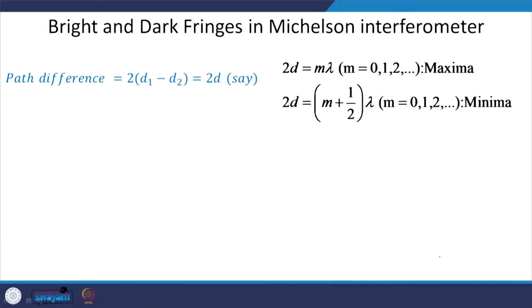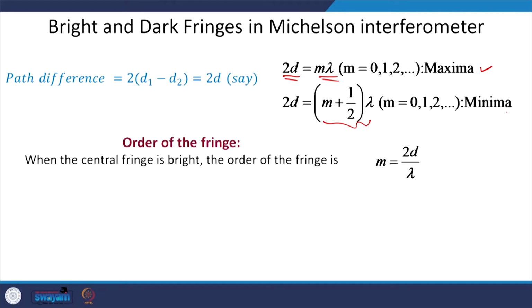What happens when you have interference is that you will have bright and dark fringes. When we convert phase difference to path difference in the interference condition, we see that when the path difference is an integral multiple of lambda, you will have maxima. If you have odd integral multiples of half lambda, then you will have minima. The order of the fringe is given by this relation: 2d by lambda is equal to m.